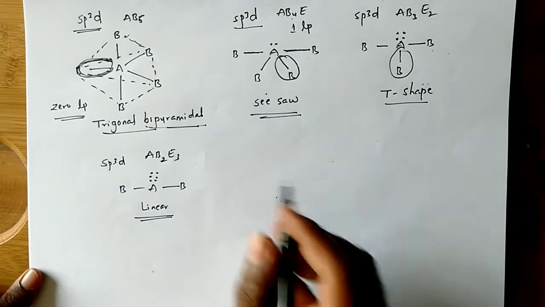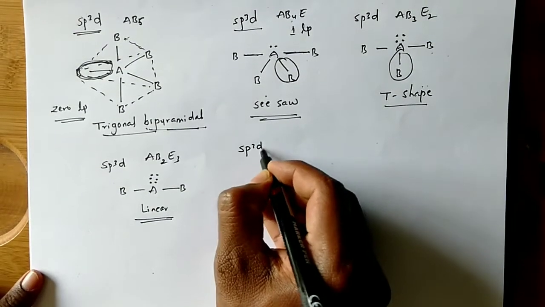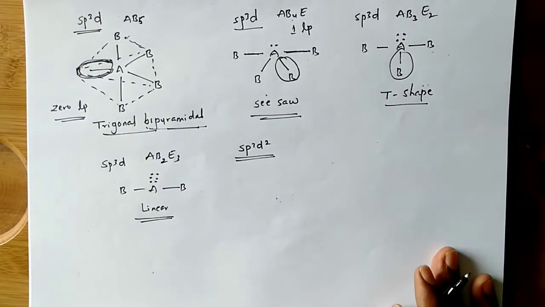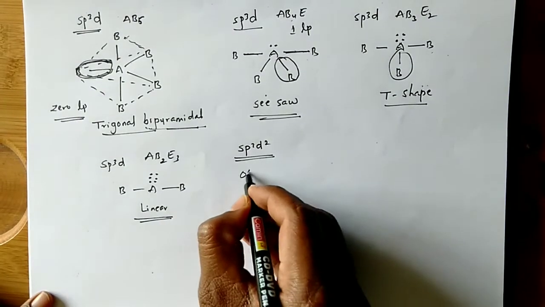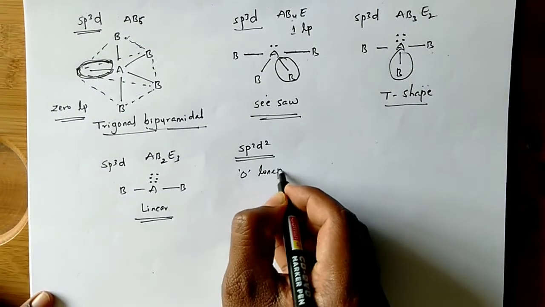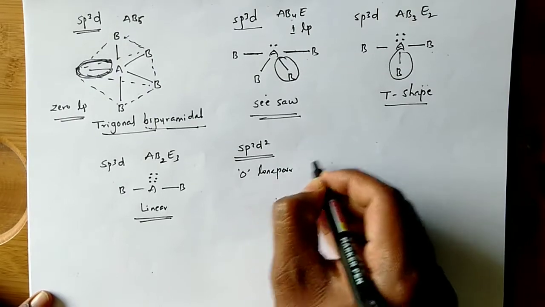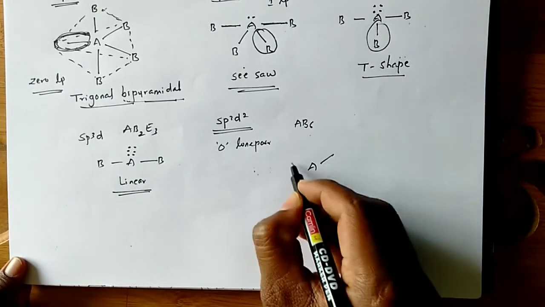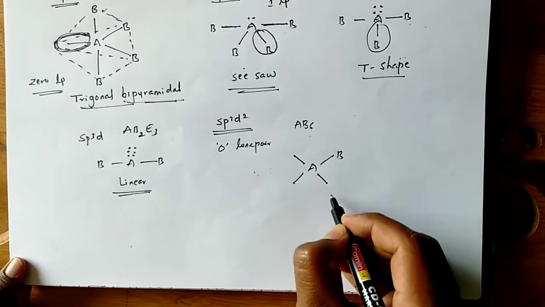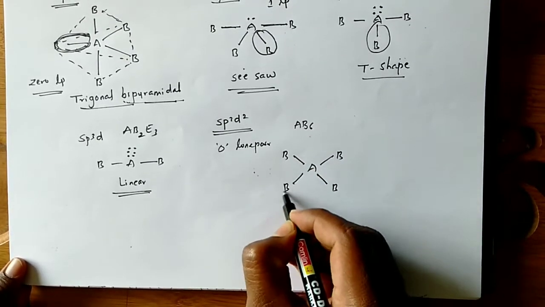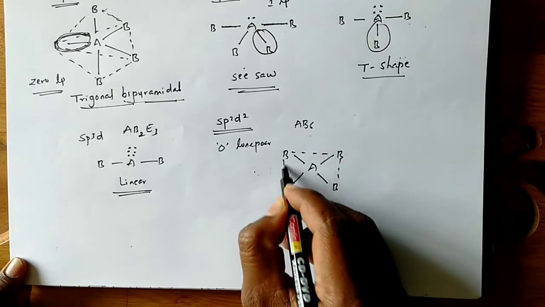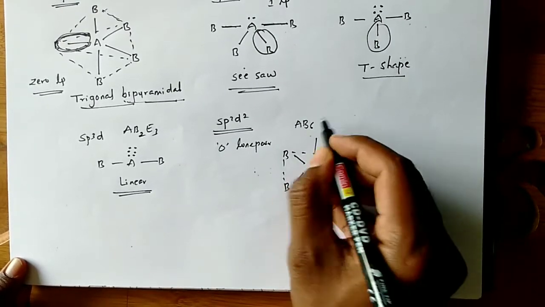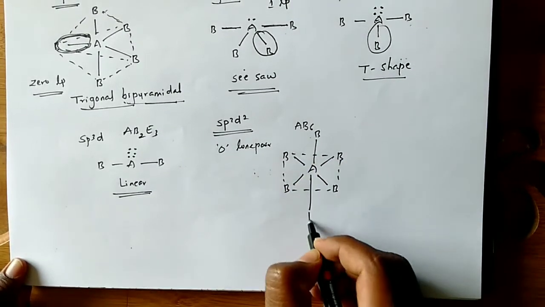Now sp3d2 with zero lone pairs. It is AB6 type. So A, 4 B atoms in the plane like this, and one B above the plane and one B below the plane.